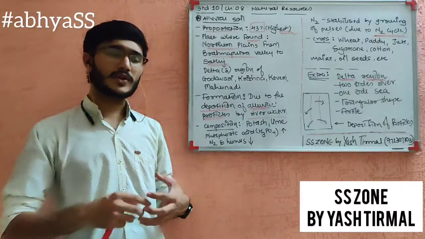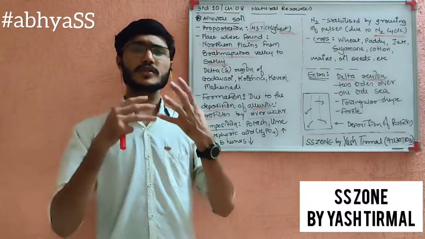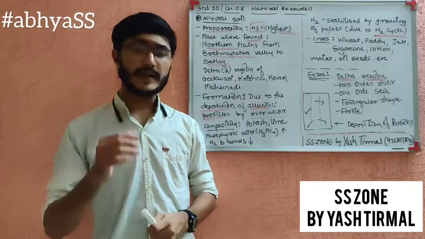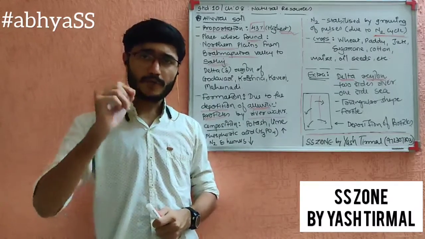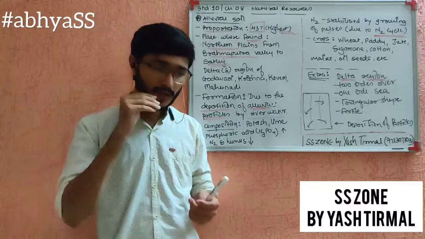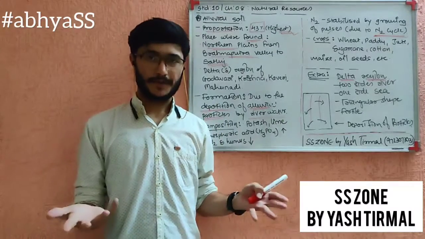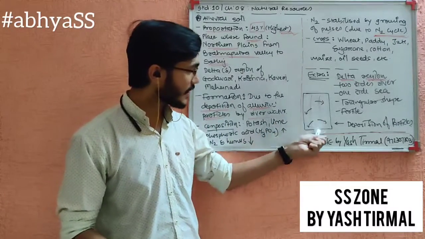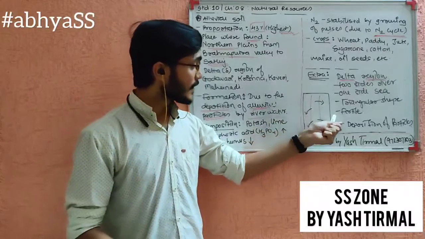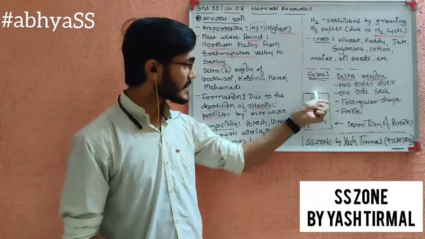So how does the alluvial soil form? The formation of alluvial soil is due to the deposition of the alluvial particles from the river water outside. I have mentioned how this deposition can occur. This is a river.